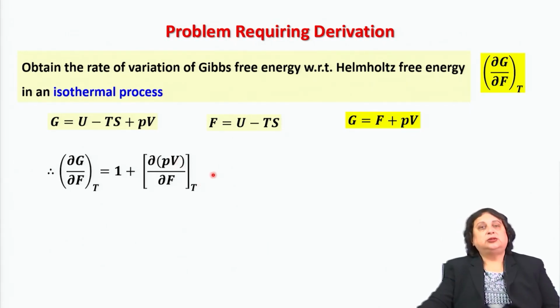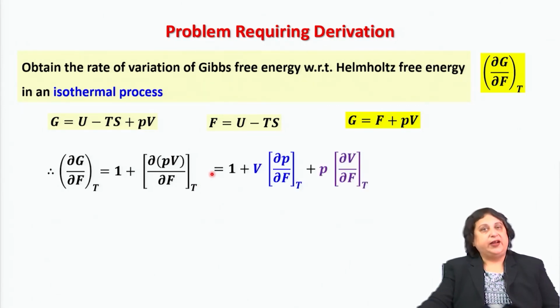If I go further, I can take the derivative of the two terms P and V. The first term gives me V into the derivative of P with respect to F, and the second term would be P into the derivative of V with respect to F. Now, here comes the question of how I am going to evaluate these two rather unnatural looking partial derivatives.